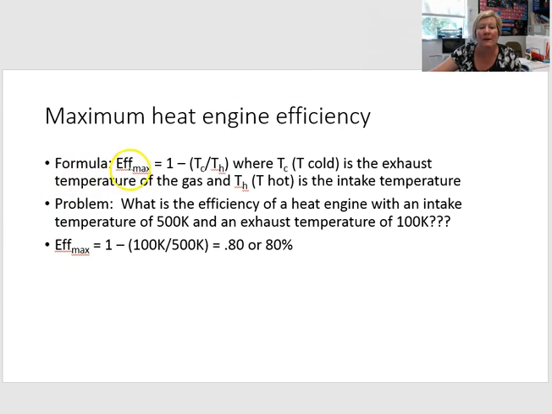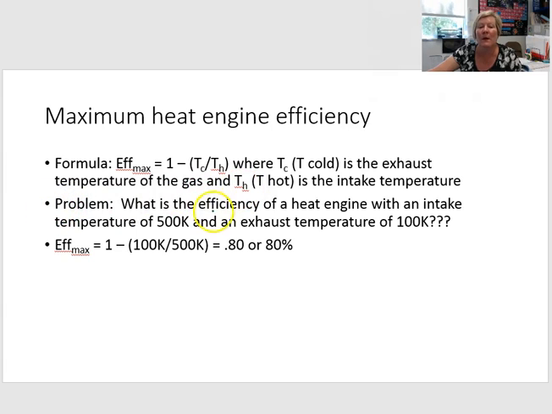Our formula is the maximum efficiency of a heat engine is 1 minus the ratio between the cold temperature and the hot temperature. These are reservoirs, the cold and hot reservoir, where TC is the exhaust temperature of the gas, TH means T hot is the intake temperature.